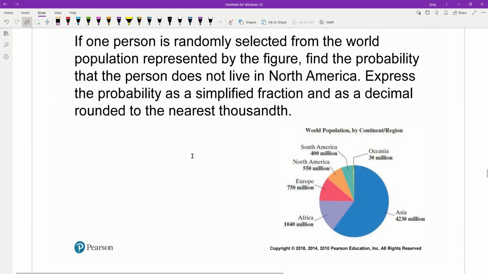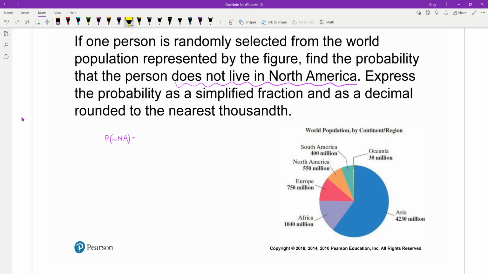If one person is randomly selected from the world population represented by the figure, find the probability that the person does not live in North America. Express probability as a simplified fraction and as a decimal rounded to the nearest thousandth. So I want the probability that the person does not live in North America.